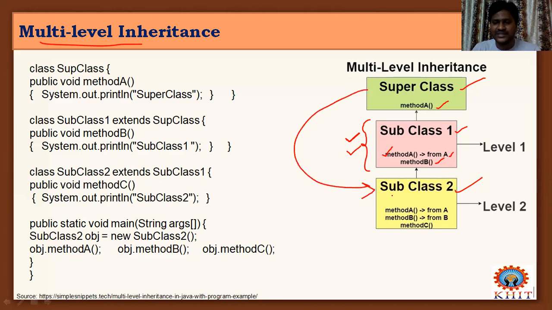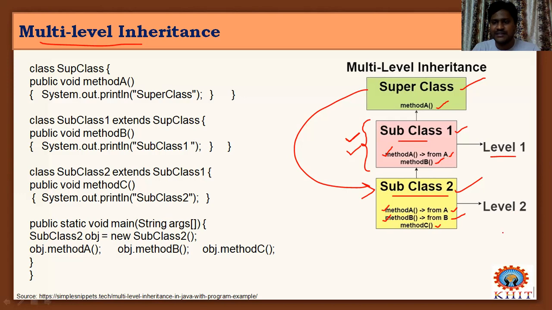and that's why subclass 2 is allowed to access the members from superclass A and the members from subclass 1. So method A is accessed from class A, method B from subclass 1, and method C is a local member.